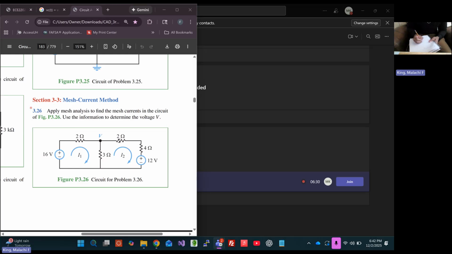Let's flip that over to that side. 9 ohms times I2 plus 12 volts equals 3 ohms times I1. Then dividing by 3 ohms on both sides, I1 is equal to 3 I2 plus 4 amps.